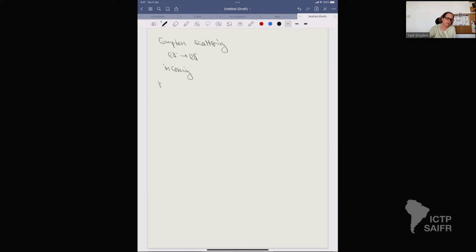So I'm calculating an amplitude with e plus, e minus, and two gammas, or in general, some anti-fermion, fermion, gamma, gamma. There are two diagrams that contribute here. There's this one, and let me use the labeling 1, 2, 3, 4, which is not very sensible, but that's what I did, and then the diagram with the photon legs exchanged.